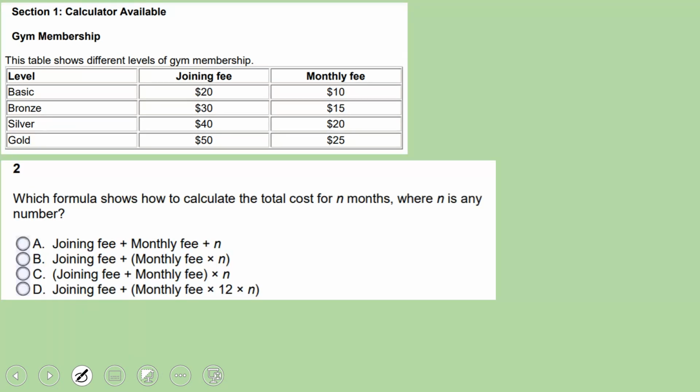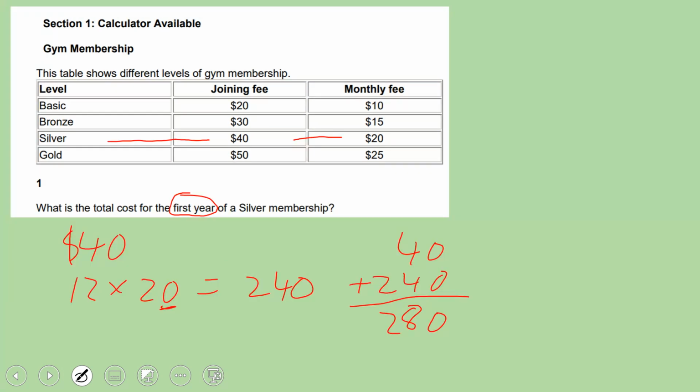Now it's asking us which formula do we use to calculate the total cost for n months, where n is any number. So it's the same thing that we had just done in the previous question. We had a joining fee, we had monthly fee, and we had the number of months.